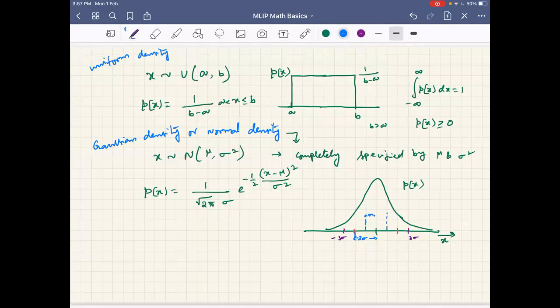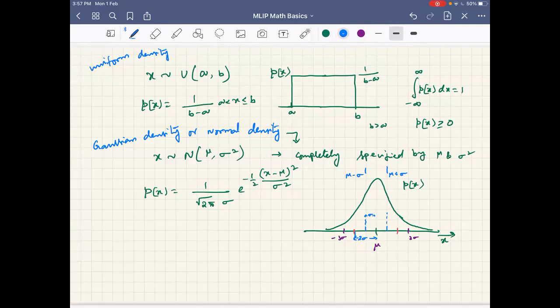So this term is referred to as mu, and hence this is mu minus sigma. If we see this interval, mu minus sigma to mu plus sigma, okay, this is the range.